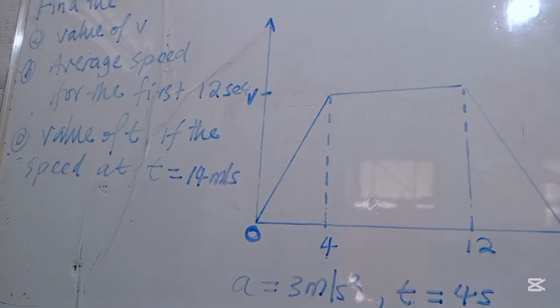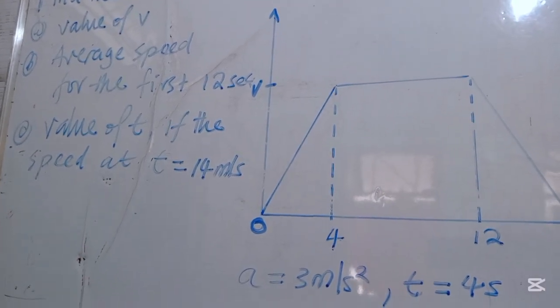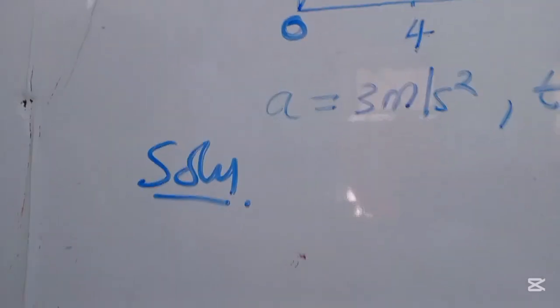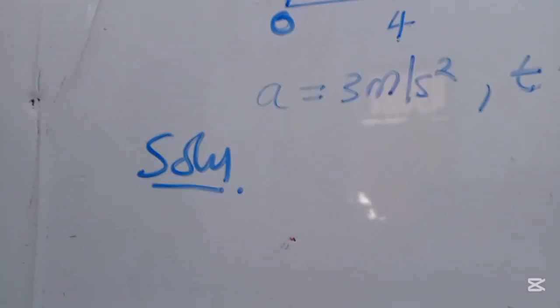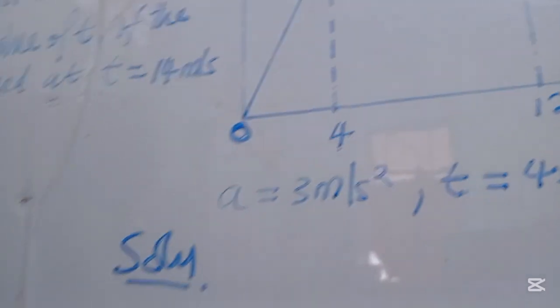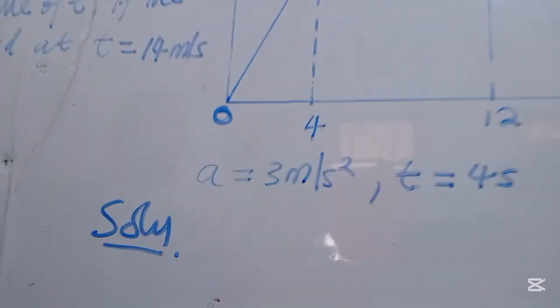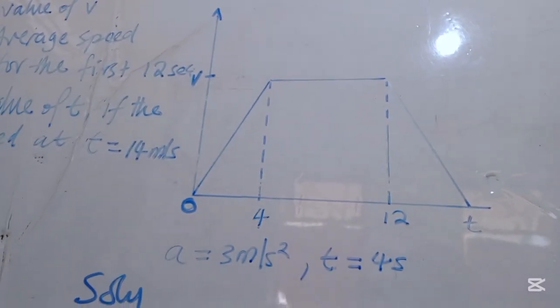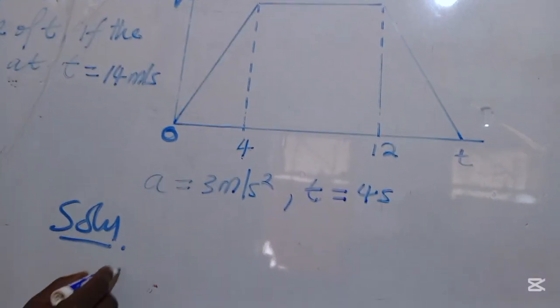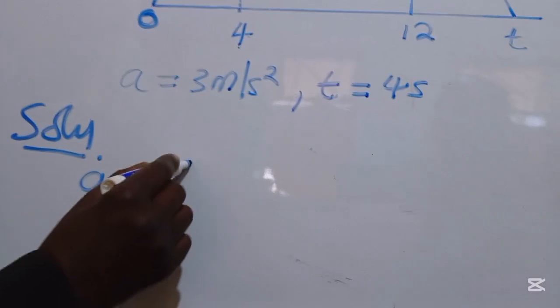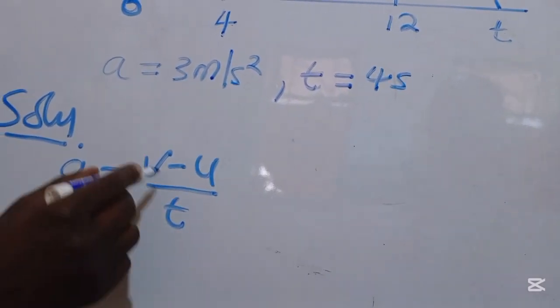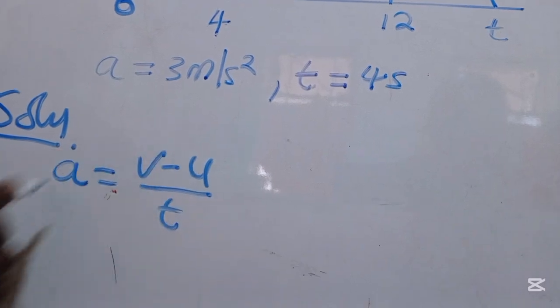Here we go. How do we answer this question? Rule number one, fellow viewers, remember to analyze the question itself. They are talking about find the v. How do we find the v? Very simple, because I know that acceleration is equal to the difference between the final velocity and the initial.